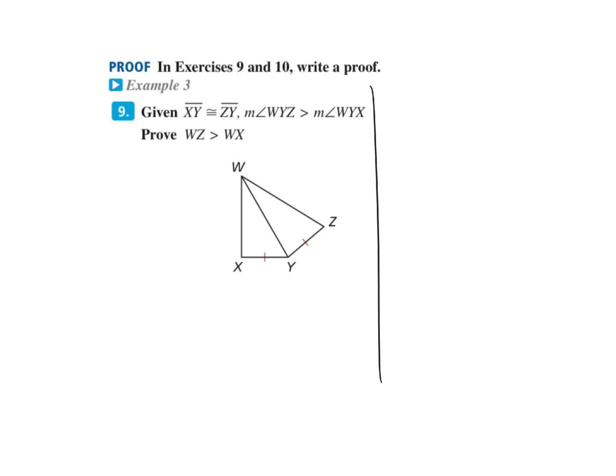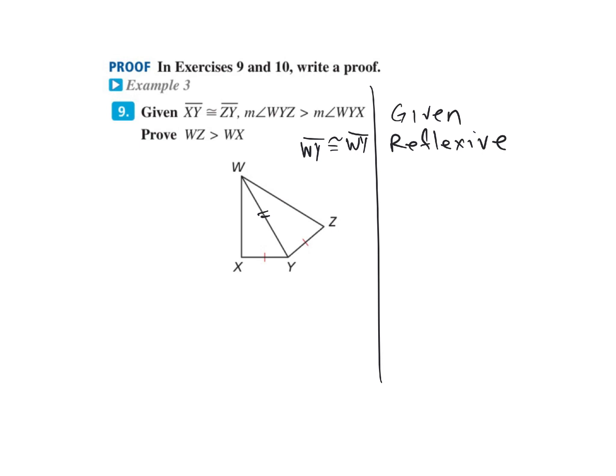Write a proof, and yes, make sure you write your proof. There's your given. Now we have WY is congruent to WY, that is reflexive. Now you have your Hinge theorem.